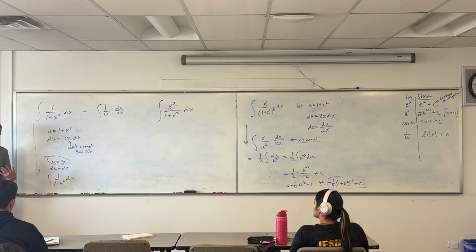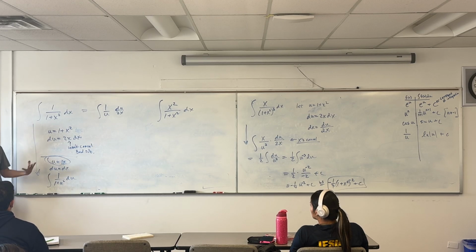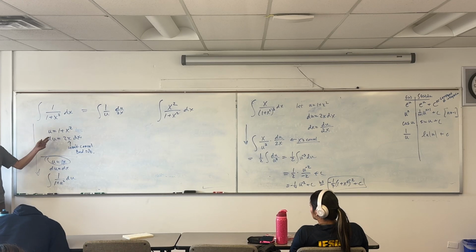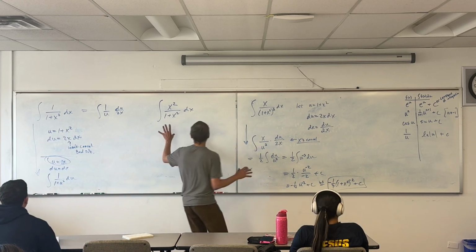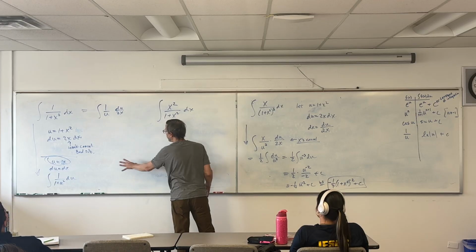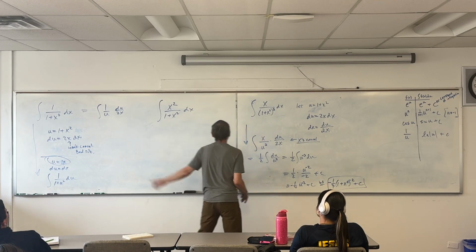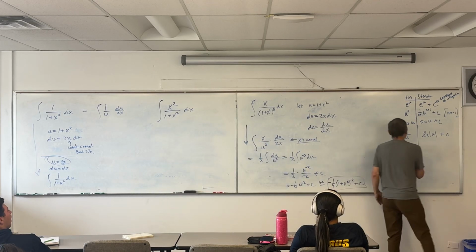Joshua, how'd you do it? Tan inverse. He looked at a table. You either know the table or you go to the table. This is inverse tangent. So if this fails after a couple of subs, then you go look this up in a table.